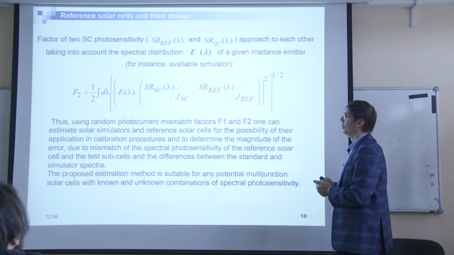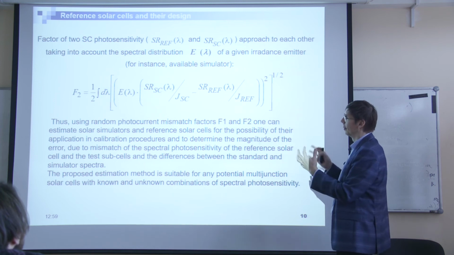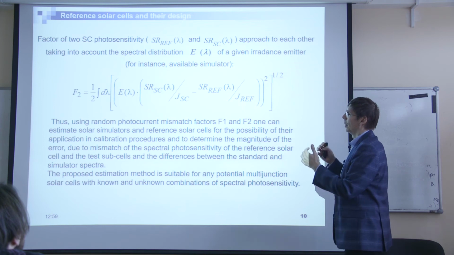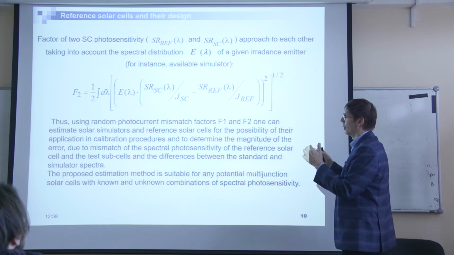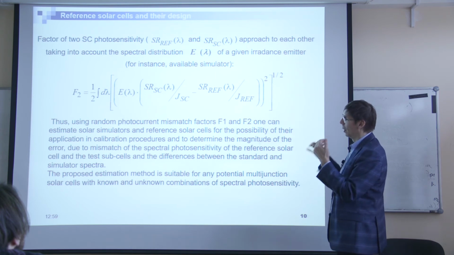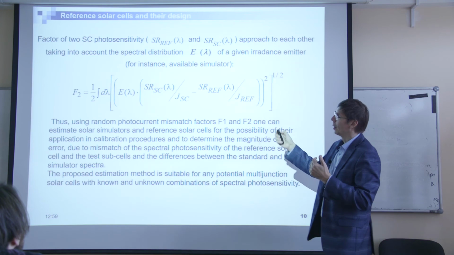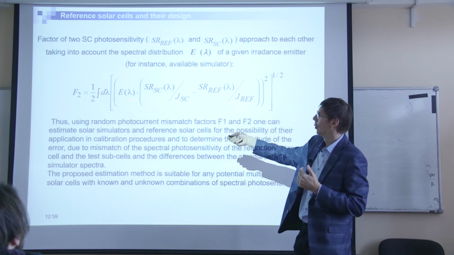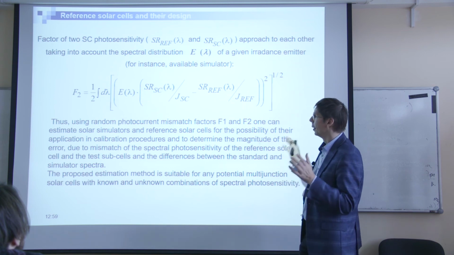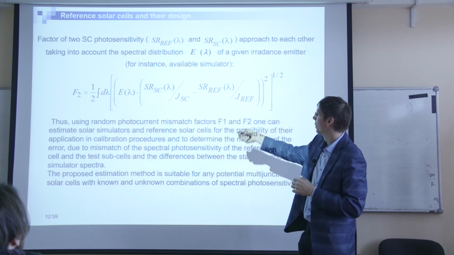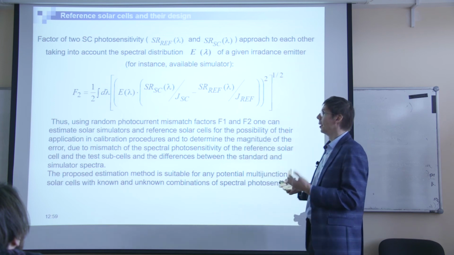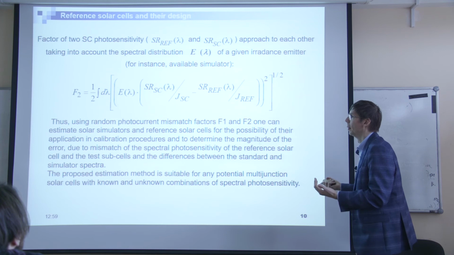If you have two solar cells with identical spectrum in the range of our solar simulator, and they have a huge difference in the spectrum, but there is no light in this range of the spectrum, so it's okay.